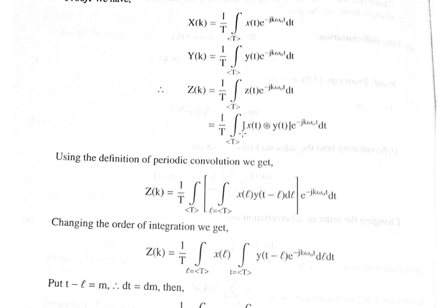So the convolution is replaced with its equivalent equation, and since the convolution has its own integration over L, we write it over the range of t. So x of L y of t minus L dL, with the multiplication and the 1 by T and the outer integration as they are. So the convolution is expanded as the integration of x of L y of t minus L dL.